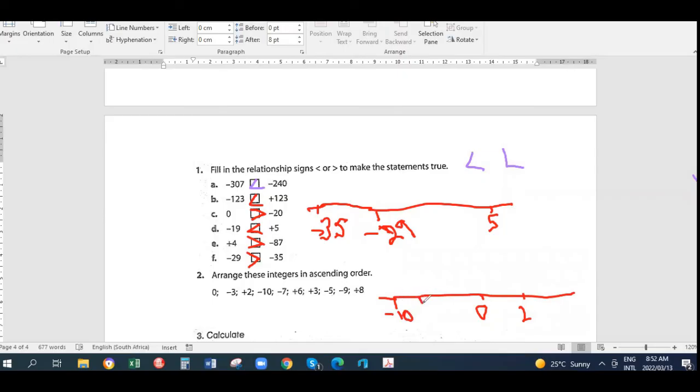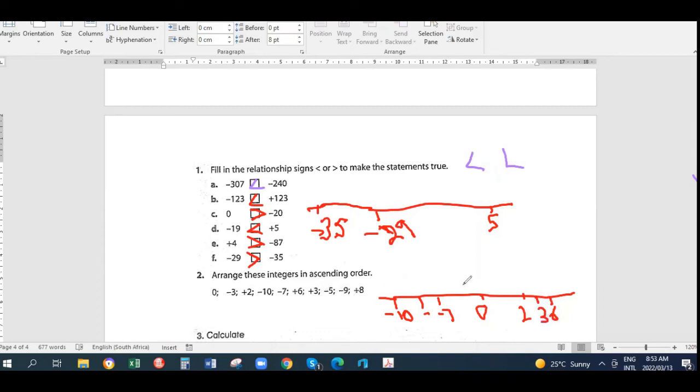Then you know your negative 7 is going to be before negative 10. But they also say a negative 9 here. So I'm going to put a negative 7 here. Then I'm going to have a positive 6, which is further down the line. Then I'm going to have a positive 3, and 3 will be between 2 and 6, somewhere around there.